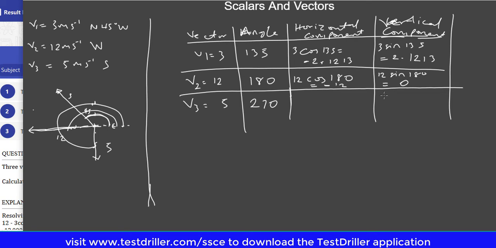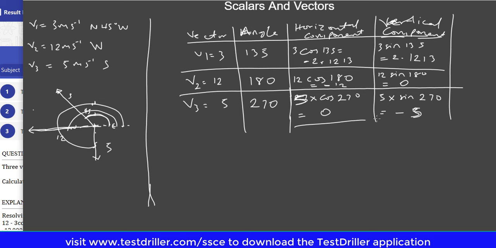For the third vector, you get the horizontal component by taking the magnitude, which is 5, multiplied by cos of the angle, which is 270, and that will give 0. Then for the vertical component, you take the magnitude times the sine of the angle, and that will give minus 5.